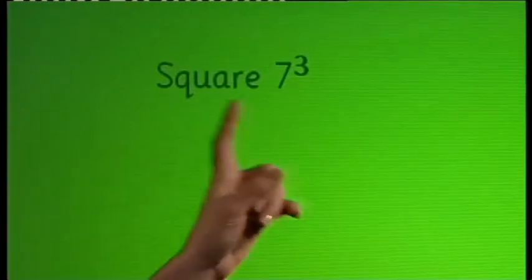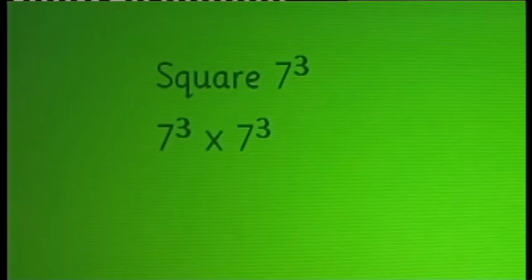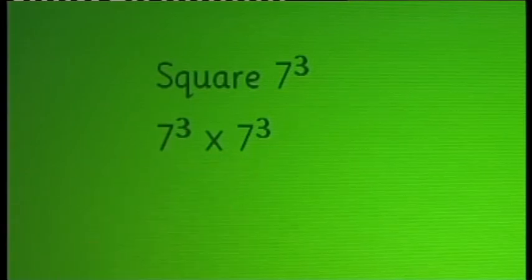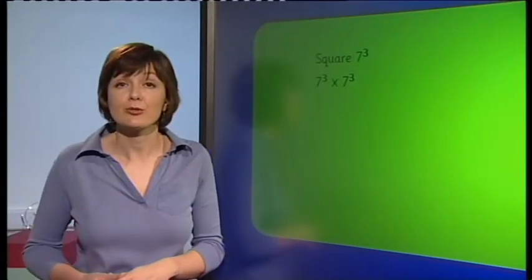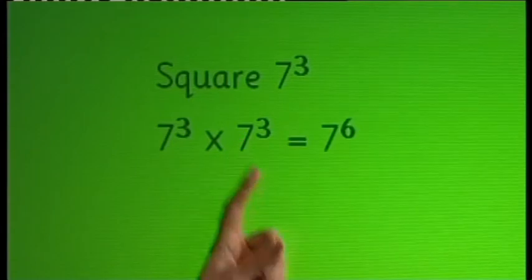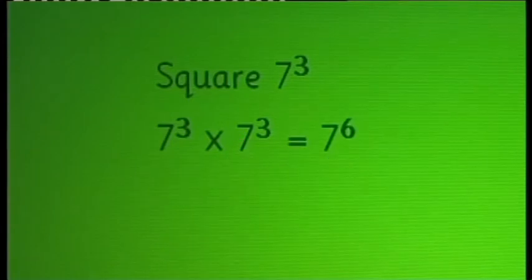If I asked you to square 7 to the power 3, I'd be asking you to multiply 7 to the power 3 by itself. Using the multiplication rule for powers, you would add 3 and 3 and get 6, giving the answer 7 to the power 6.